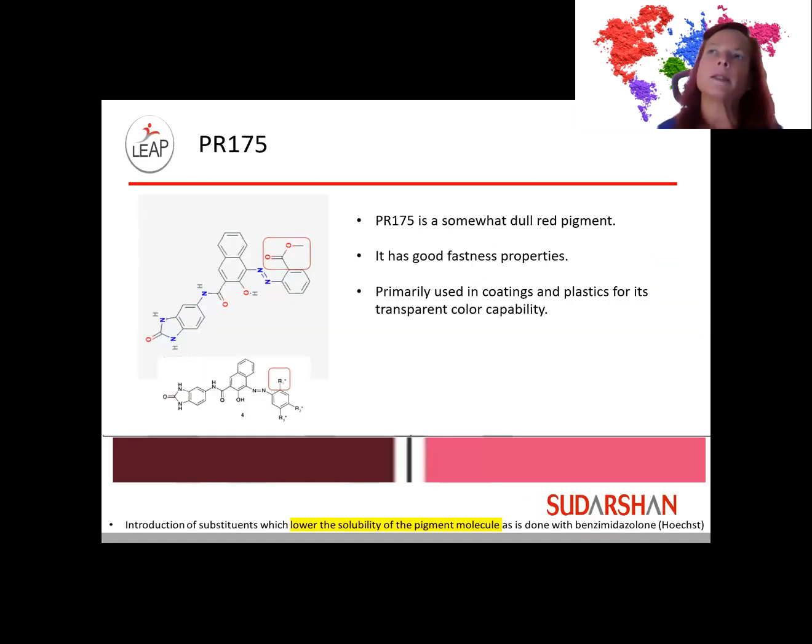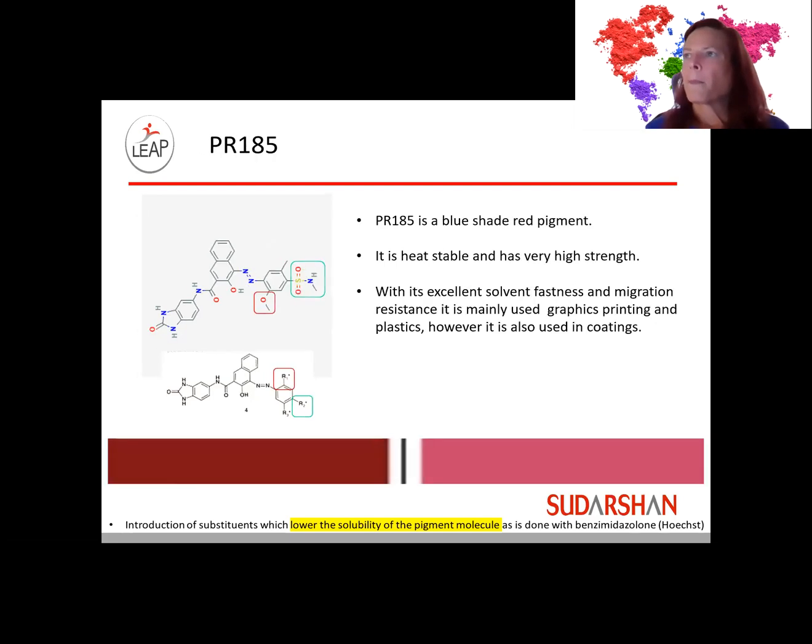Moving on to the red space in the benzobenzodazolone category is the pigment red 175. This is a somewhat dull red pigment with good fastness properties. Primarily, it's used in coatings and plastics because it's a nice transparent color. And the other red is the pigment red 185.